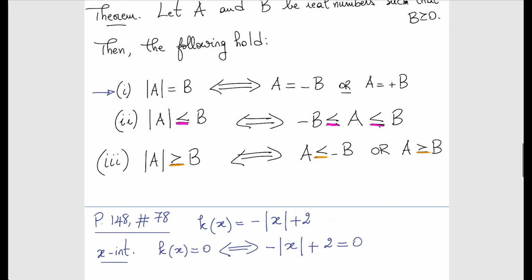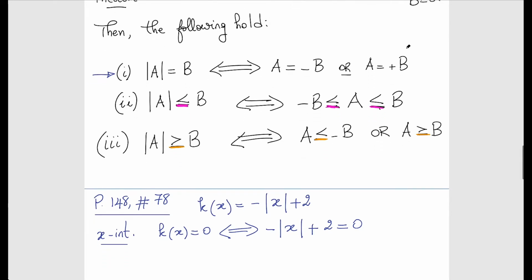Because if it's negative, this equation has no solutions, because the absolute value is at least 0. There's no way an absolute value function can reach a negative number. Okay, so this condition is an overriding assumption. You cannot overlook it.